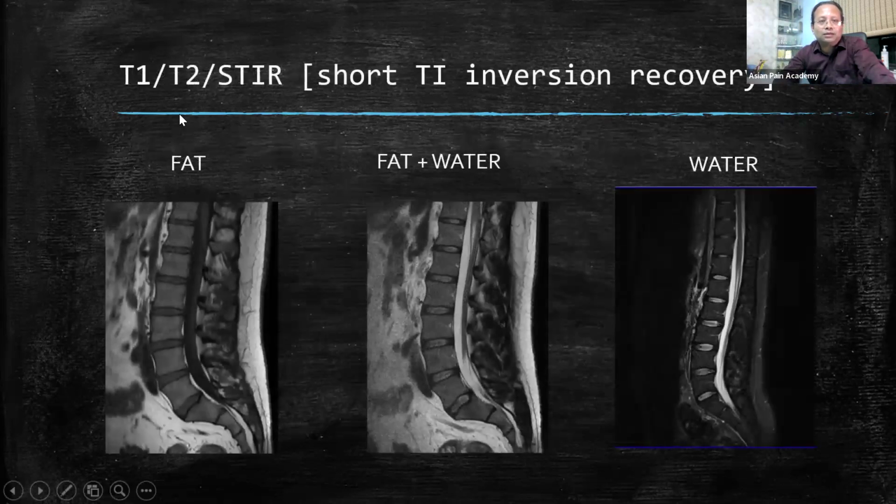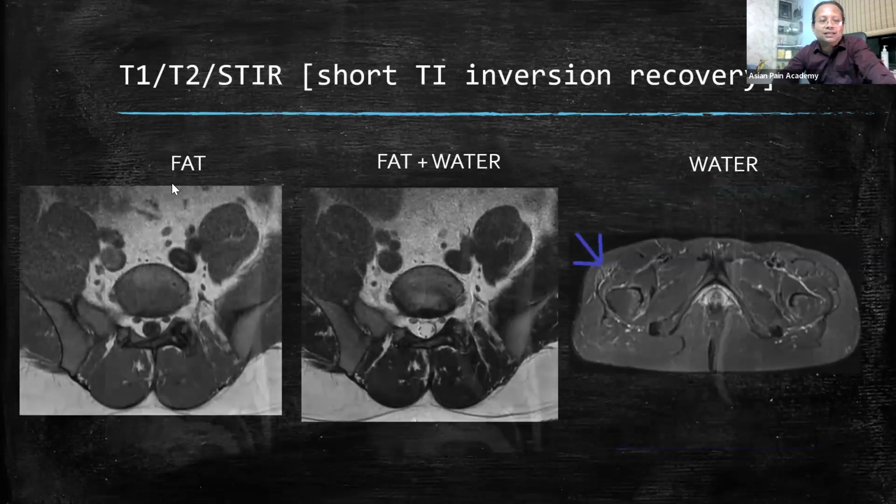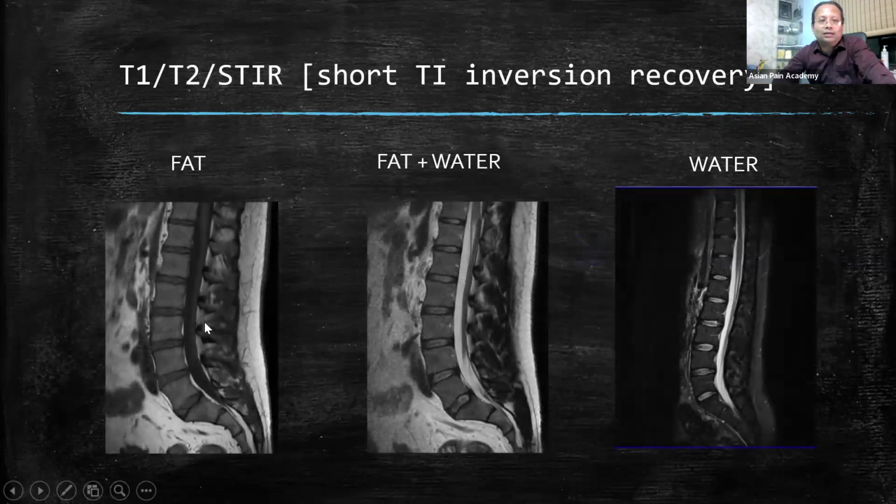So here, let us talk about a sagittal section. In the sagittal section we have T1, T2, STIR. This one is T1, this one is T2, and the third one is STIR. What do we expect?